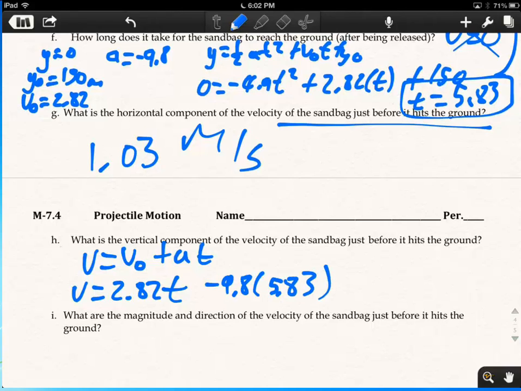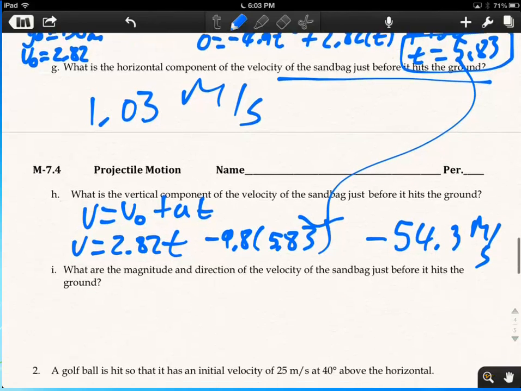Where did this 5.83 come from? Came from there, right? So it's going 54 meters per second, but it's negative. Negative 54.3 meters per second. It should be negative, it is falling down.